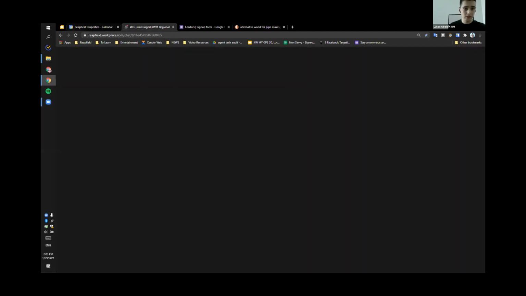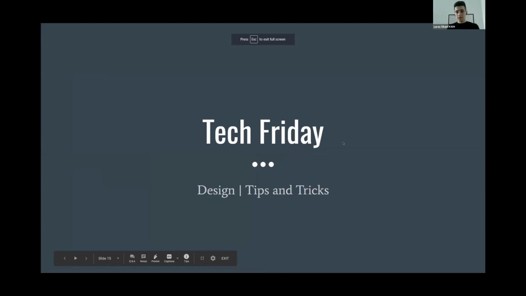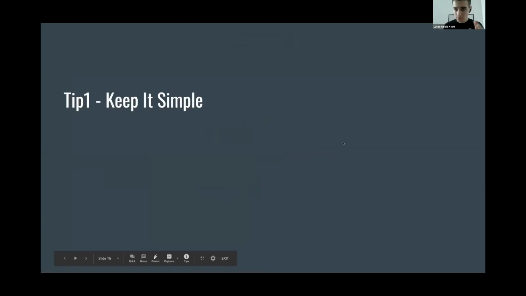Okay, tips and tricks for design. First tip is to keep it simple. What do I mean by that? As I said, you want to catch people's attention. If something is way too complicated, if it looks complex, like there's a lot of things going on in a poster, then you're not likely to get people's attention.